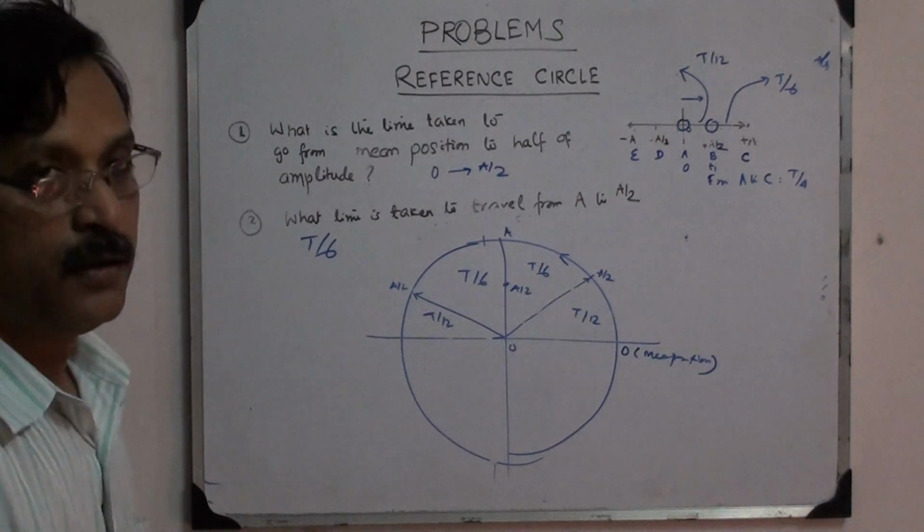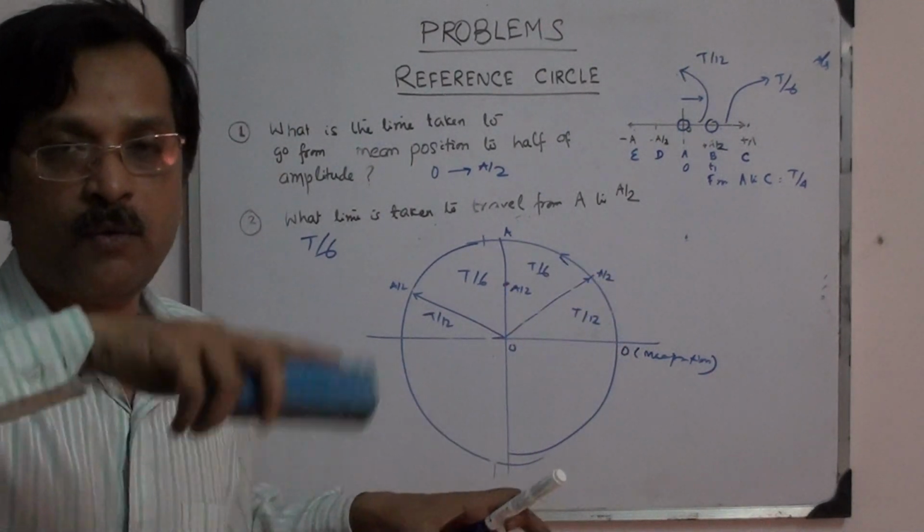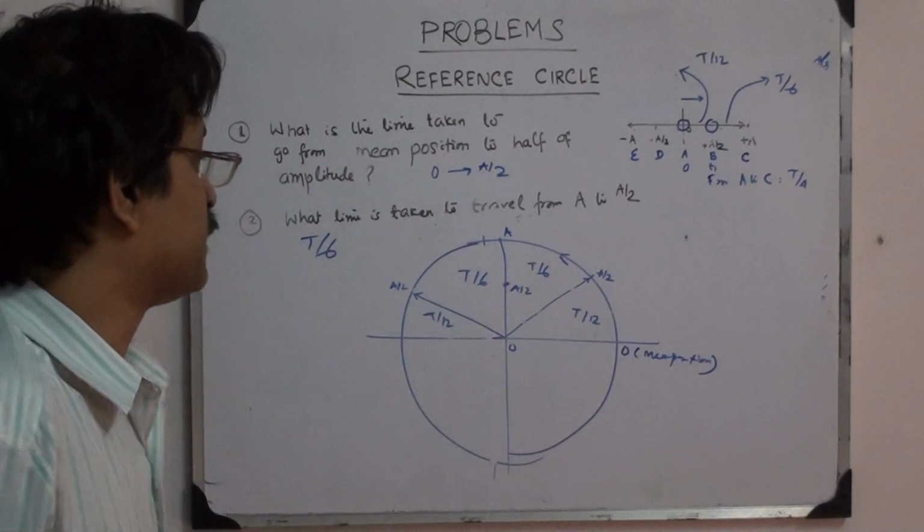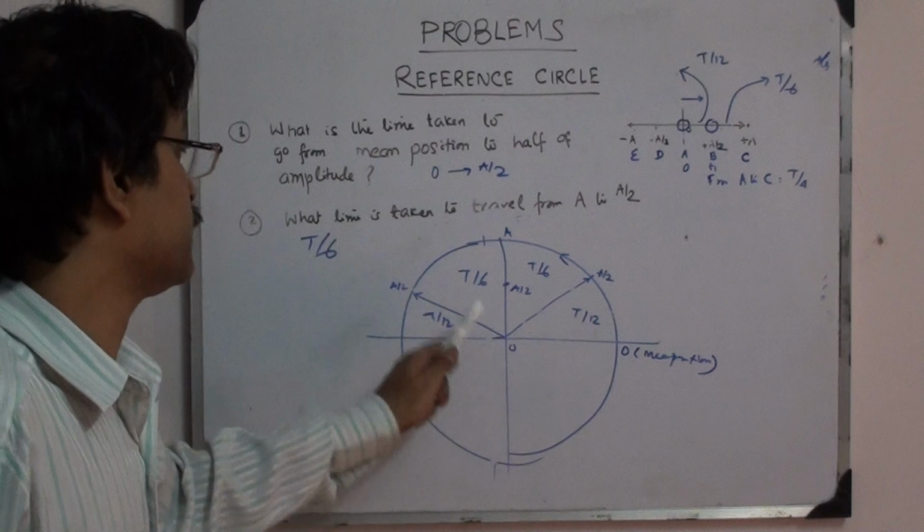So you can break the quadrants of a reference circle into these kinds of time segments: T by 12, T by 6, T by 6, T by 12.